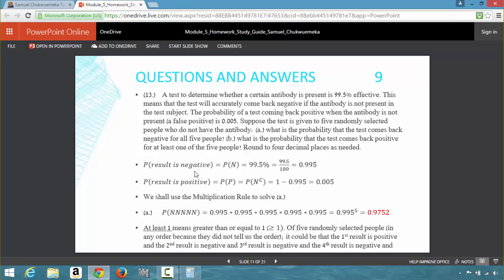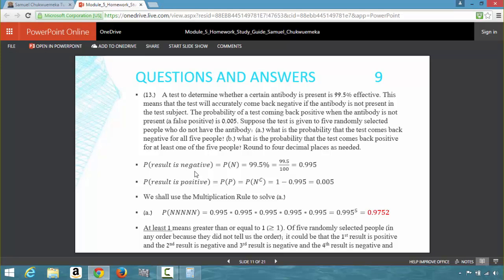If they had told us what is the probability that the first person is positive, and the second, third, fourth, and fifth persons are negative, then that would be very easy to solve. But they just said at least one of the 5 people. So it could be the first one positive, the other 4 negative.